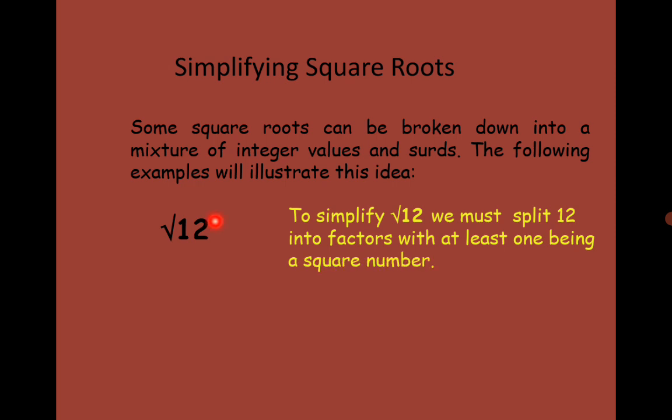to find this root of 12, to simplify root 12, we must split or break down 12 into factors with at least one being a square number. Can you think of the factors of 12 such that one of them is a square number?